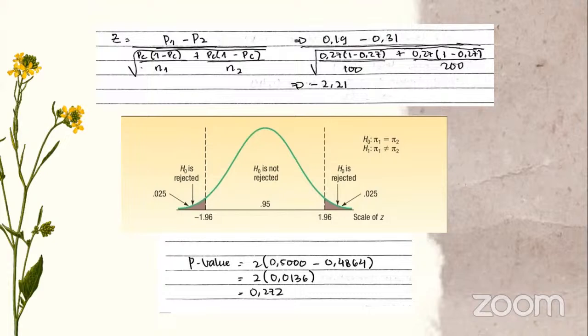The result is minus 2.21. The computed value of minus 2.21 is in the area of rejection. That is, it is to the left of negative 1.96.